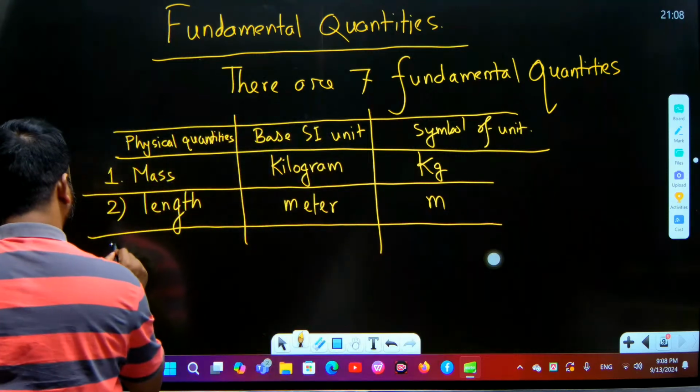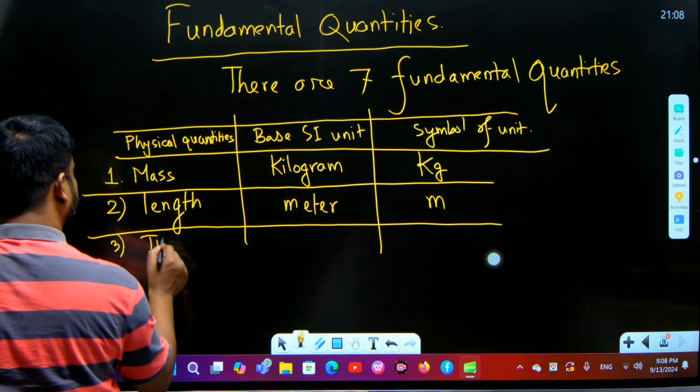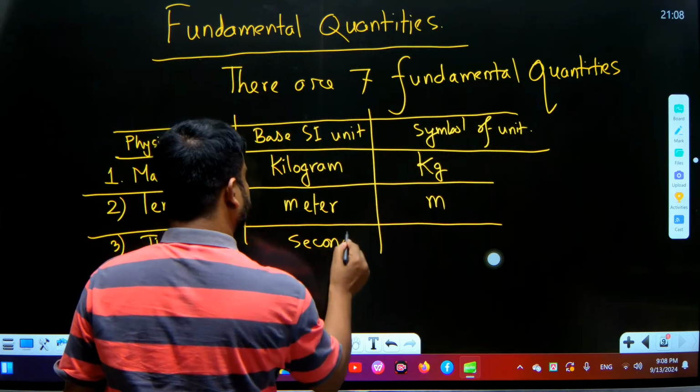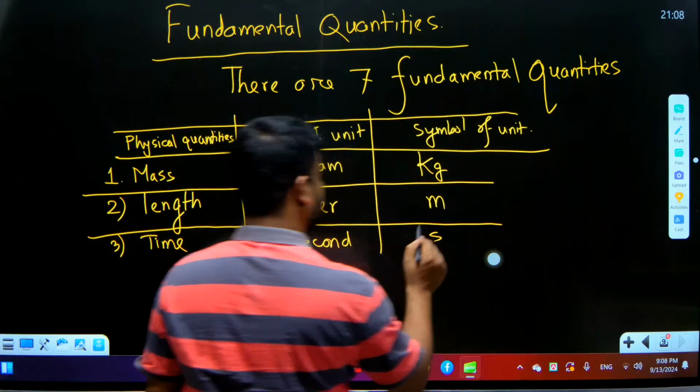The third one is time. The unit is second, and the symbol is small s.